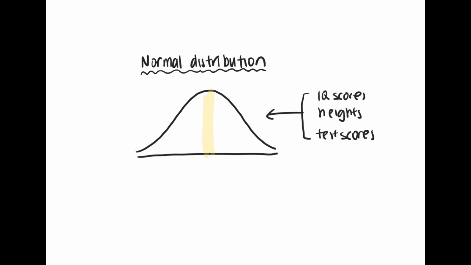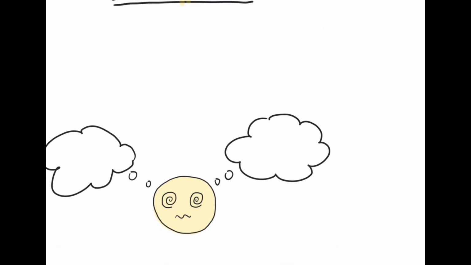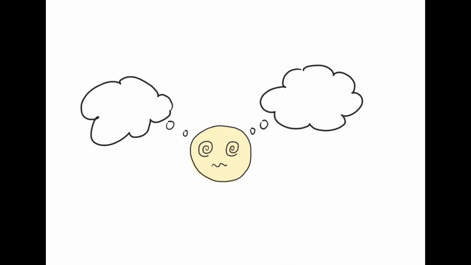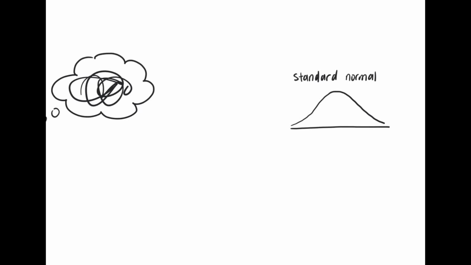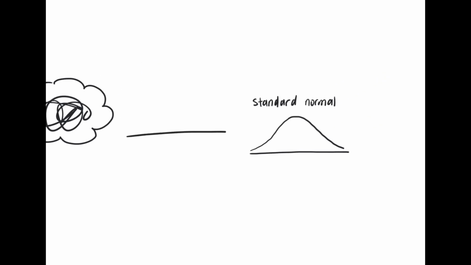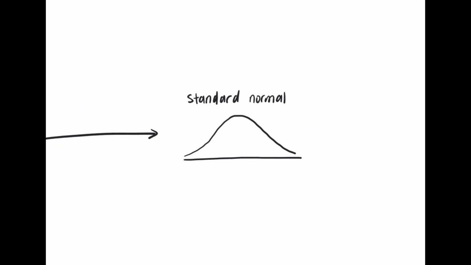Because normal distributions occur so frequently, calculating probabilities separately for each distribution can be complex and time-consuming. To simplify this, we use a standard normal distribution. A standard normal has a mean of 0 and a standard deviation of 1.